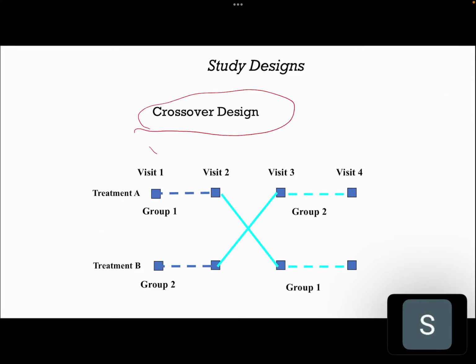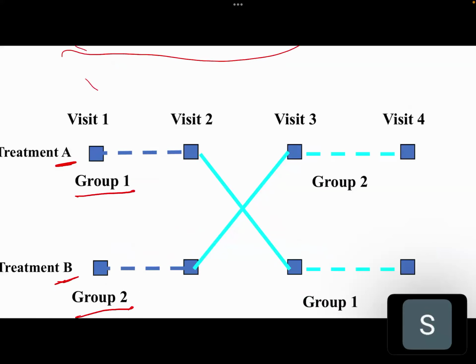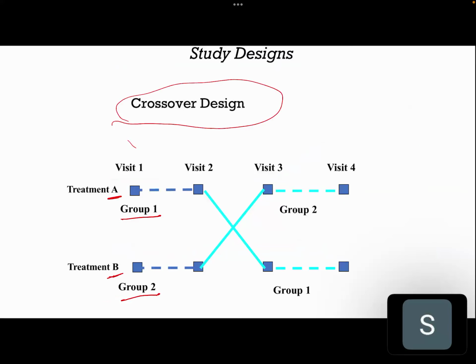Suppose here is treatment A, and here is B. This is group 1, group 2. So you exchange their treatment midway. Say with treatment A, they completed 2 visits, visit 1, visit 2. Now here, you will give them a washout period.